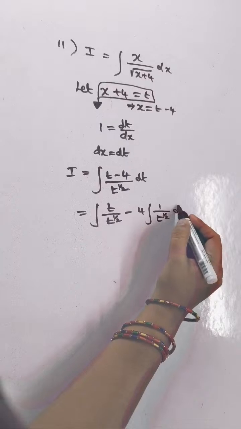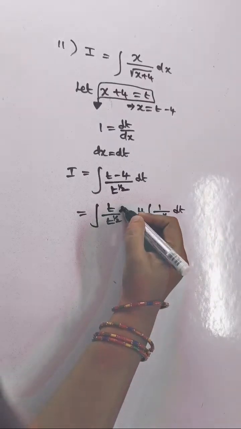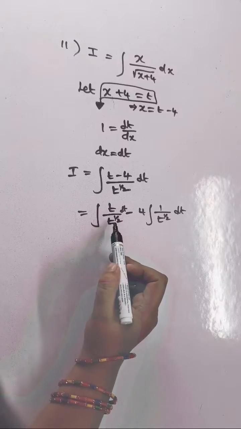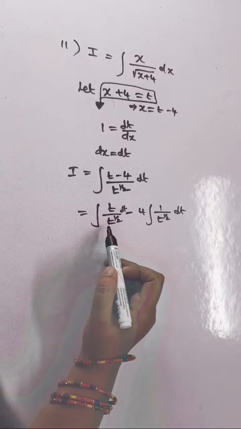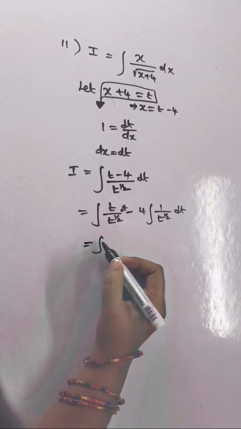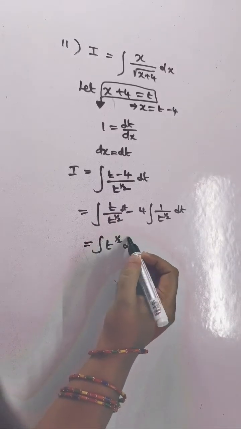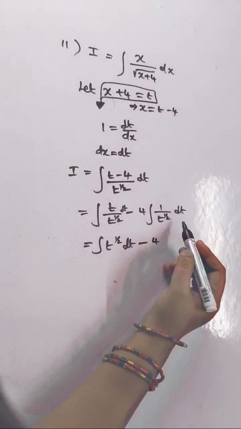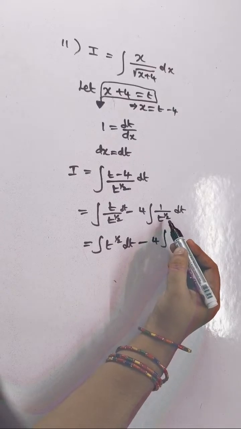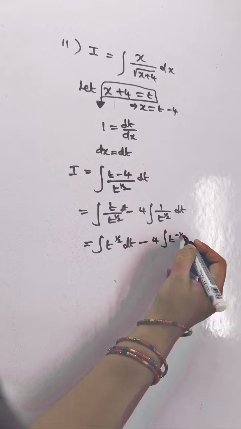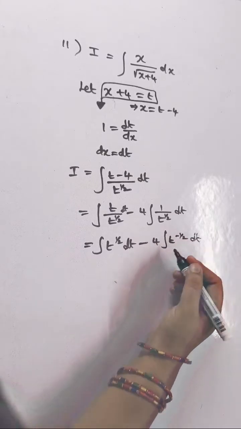Since 4 is a product, you can take it outside directly, into dt. We can simplify, right? Whenever you have the same base and it is in division, you can subtract the powers. So 1 minus half will be half. So you have t power half dt minus 4 into, since it is in the denominator, take it to the numerator. Since the power is plus, when you take it to the numerator, it will become minus.